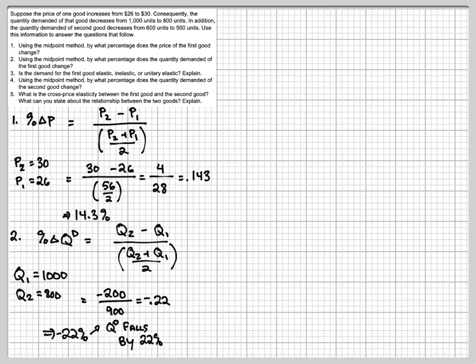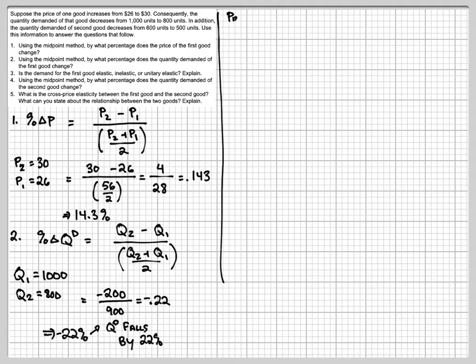All right. Is demand for the first good elastic, inelastic, or unitary elastic? Explain. So now we need to figure out the elasticity of demand, the price elasticity of demand.